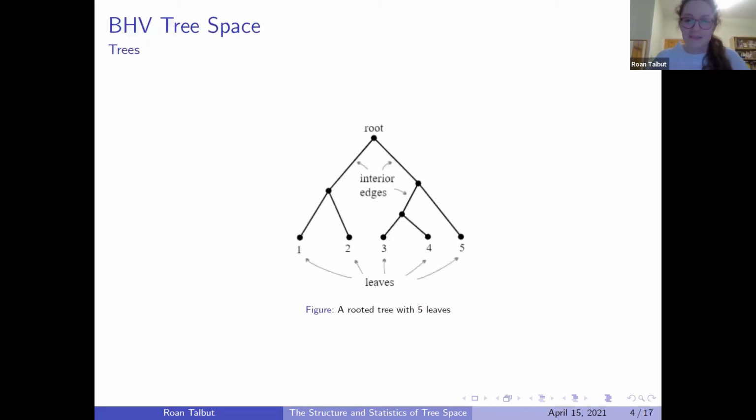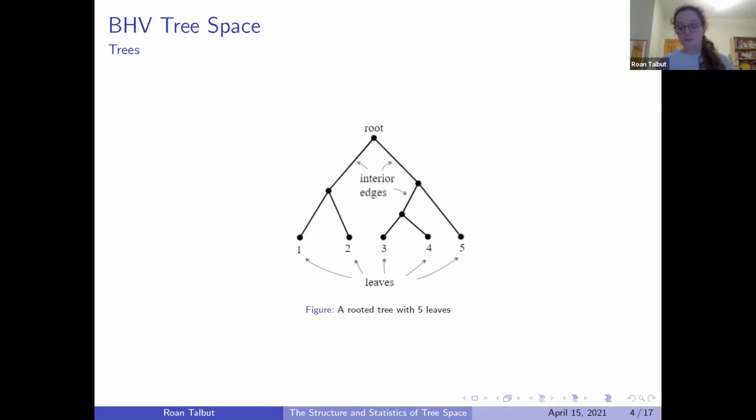The first thing that we need to do is be clear on exactly what set of trees we're considering, because this can vary quite a lot depending on the exact application. So we're going to be talking today about phylogenetic trees, these evolutionary trees that I was showing you earlier.